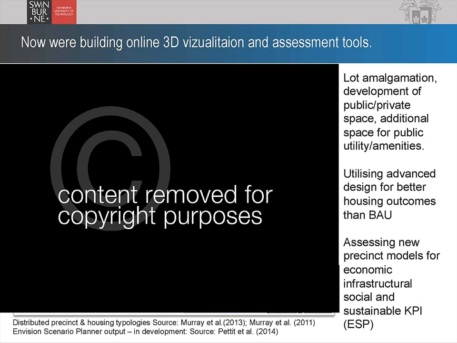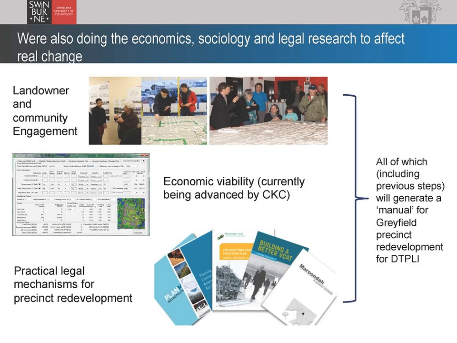With Uni Melbourne and a few other people, we're starting to build a 3D version that allows users to build a 3D precinct and get economic sustainability feedback: how much traffic, how much extra waste, how much it's going to benefit people who sell their land, what can you put there, etc. So, 2 bits of software.